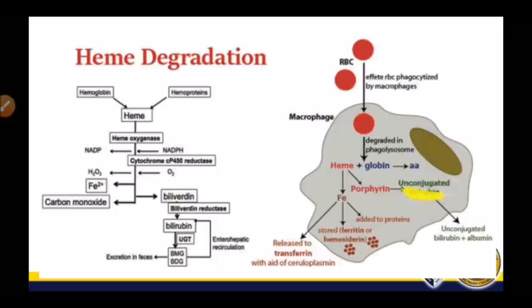So si unconjugated bilirubin, mao ni siya ang gina-release or ginagawa sa mga splenic macrophage, then as unconjugated bilirubin is released to the bloodstream, i-bind siya ni albumin for it to be transported into the liver.